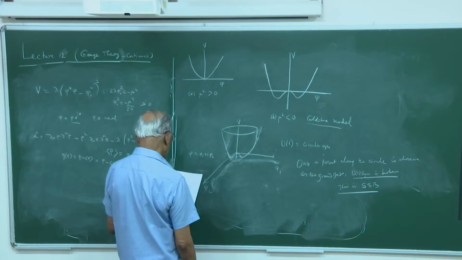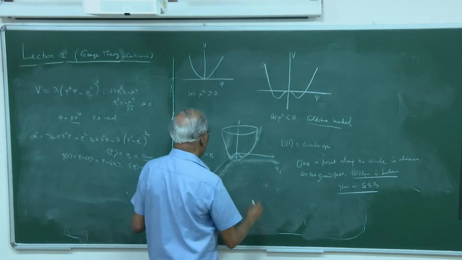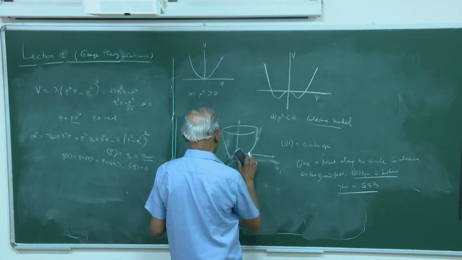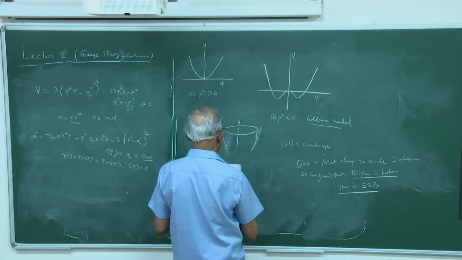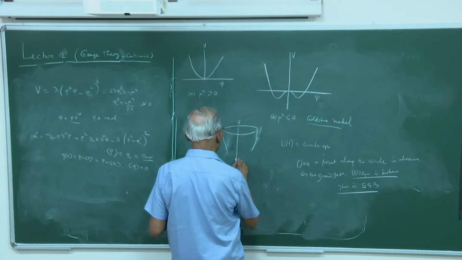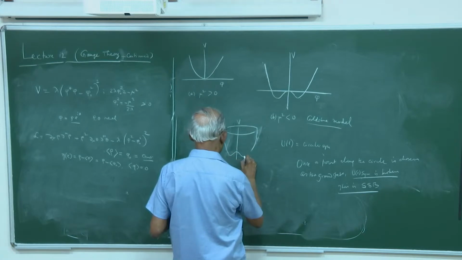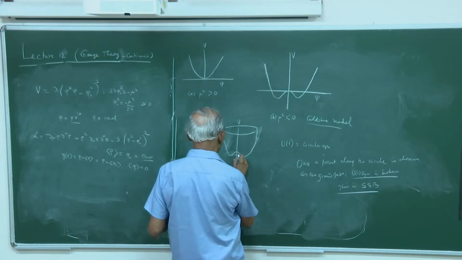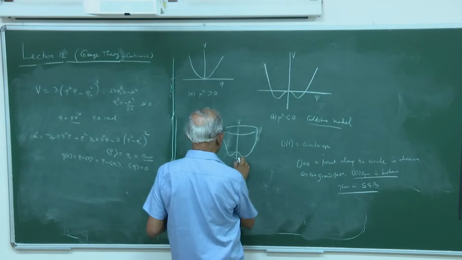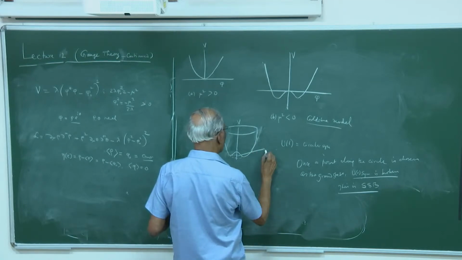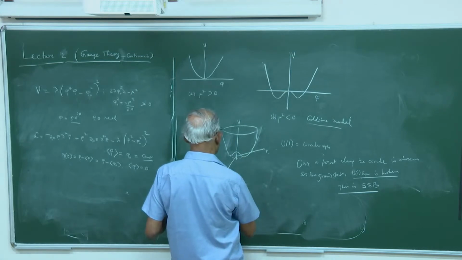So, what happens to the other fields? So, let us go back to this. This is very clumsy here. I should have drawn it bigger. That is the vacuum circle. Right.